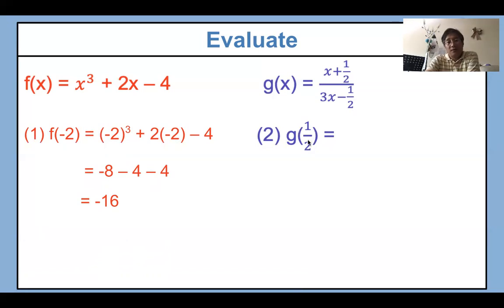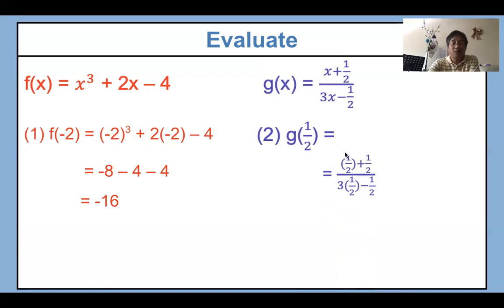Again, now, g of half. Oh, this x value is also a fraction. Then what should we do? Yes, we should use parentheses again. Then you put half here, right? Then it will be like this: half plus half, 3 times half minus half. Let's simplify step by step.